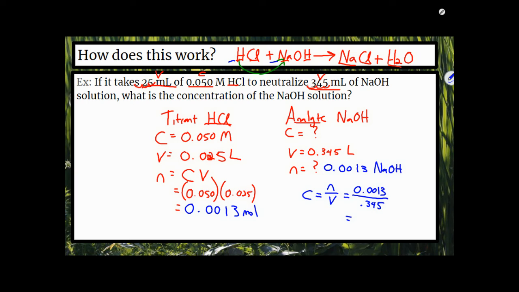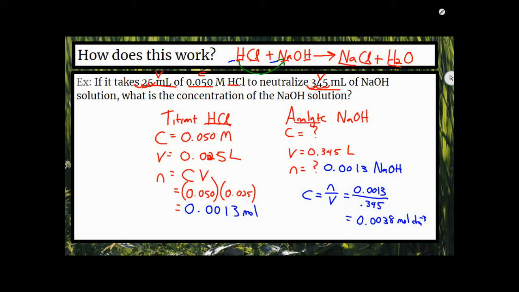And so my initial concentration of my NaOH was, wait for it, with correct sig figs, 0.0038 moles per cubic decimeter, or big capital M for molarity, or moles over liters, whichever you prefer.